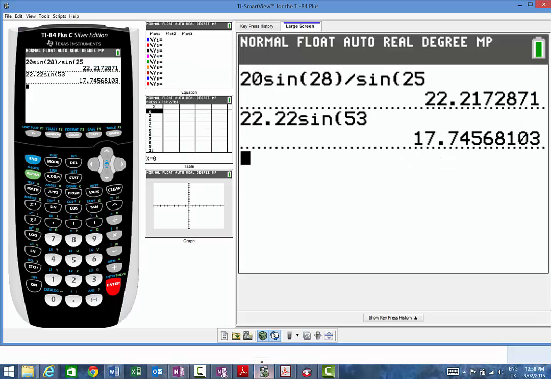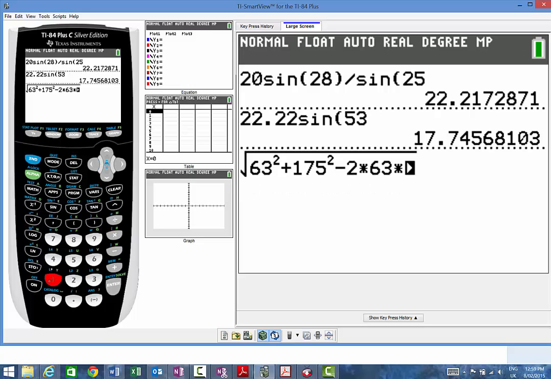So calculate it, just do it in one step, makes it easy, don't have any rounding errors. 63 squared plus 175 squared, take 2 times 63 times 175, cosine of 112.